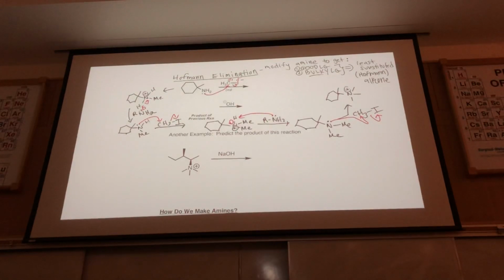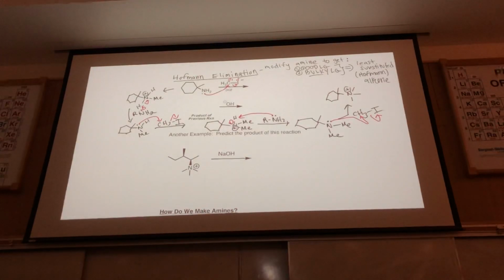I'm just going to draw them as lines because that's how we'll usually see them. Okay, so at last, it cannot be neutralized. It's stuck as an ammonium, right? There's no more H's to take off. It's completely methylated. It's stuck as an ammonium. So now it's a very good leaving group.